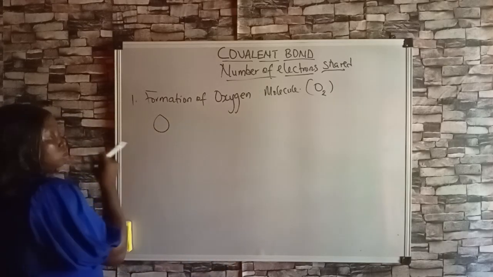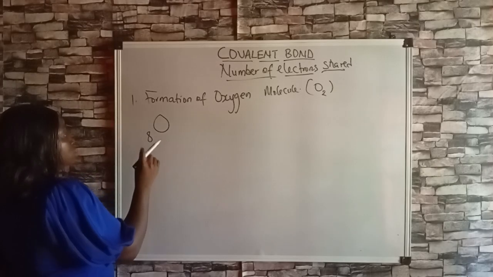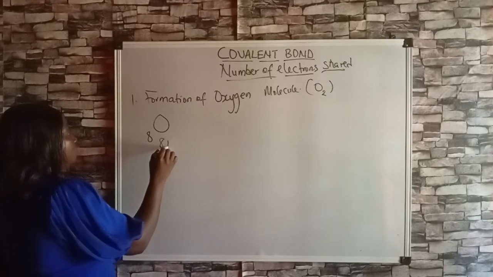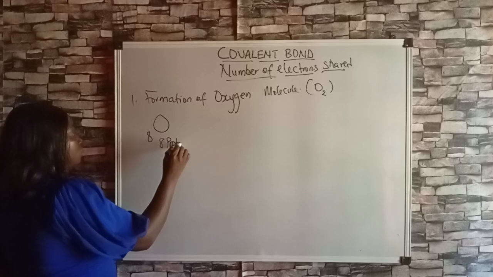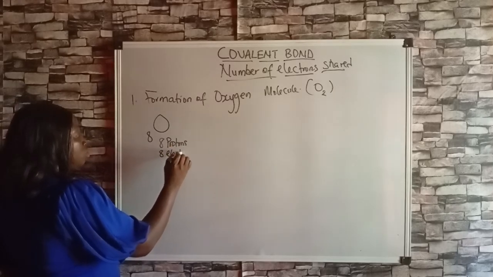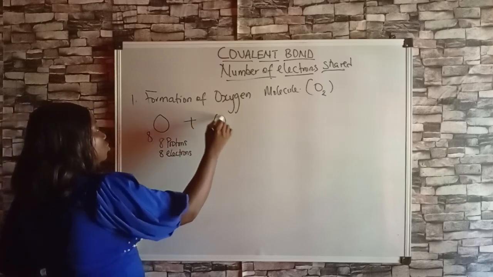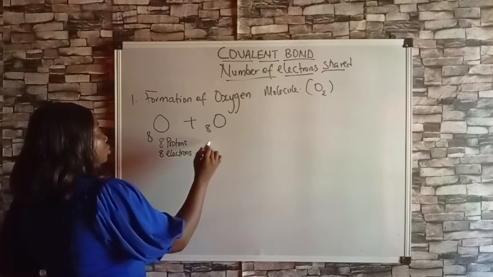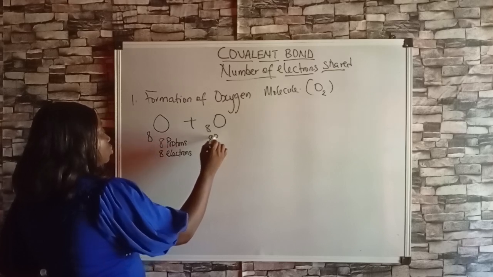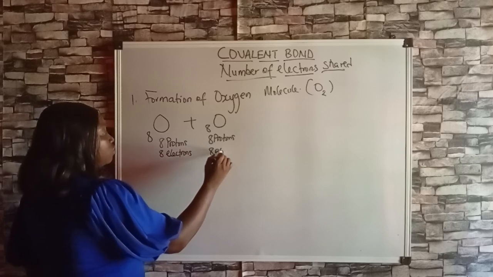Oxygen has an atomic number of 8, which means it has 8 protons and 8 electrons. Reacting with another oxygen atom with 8 protons as well and 8 electrons.